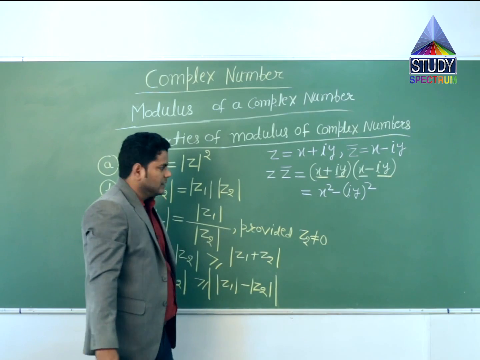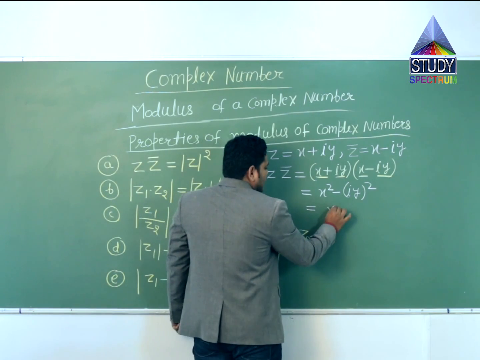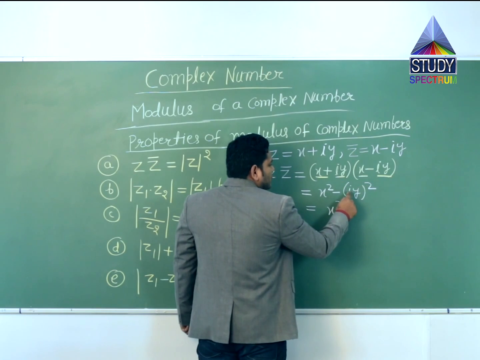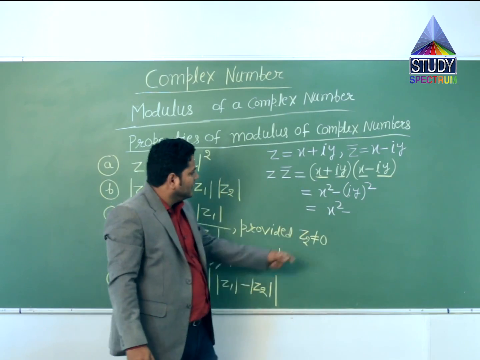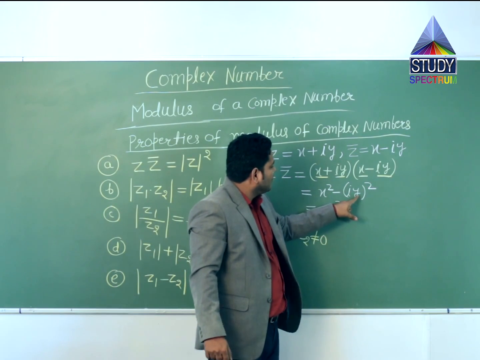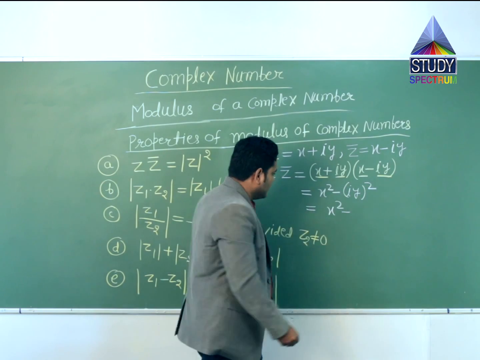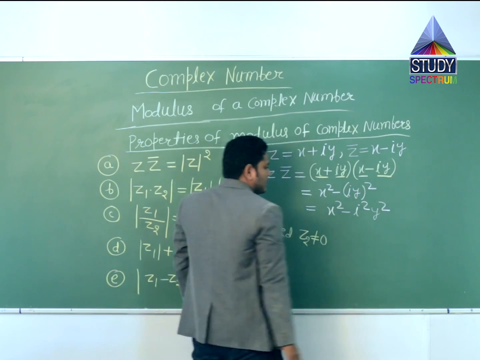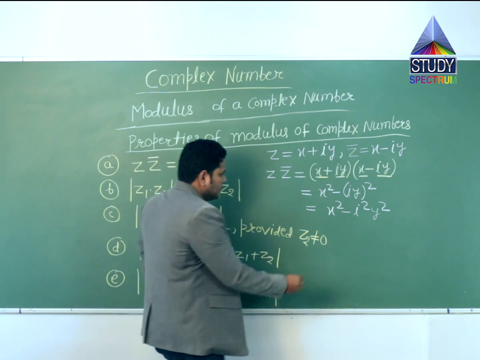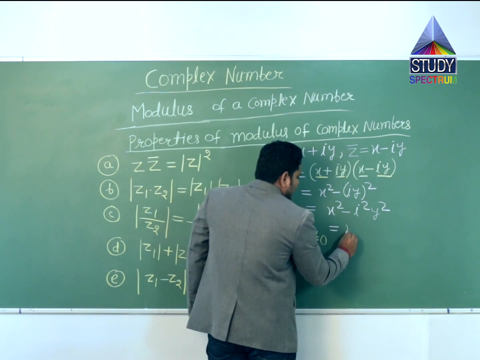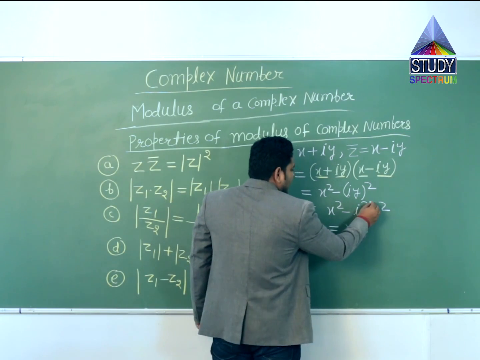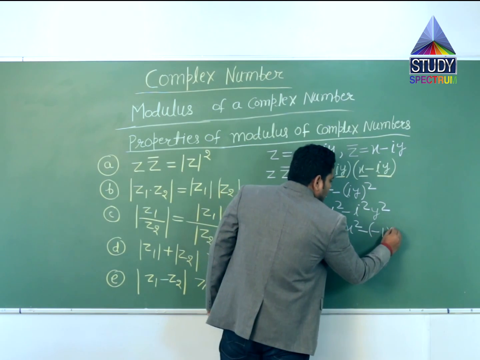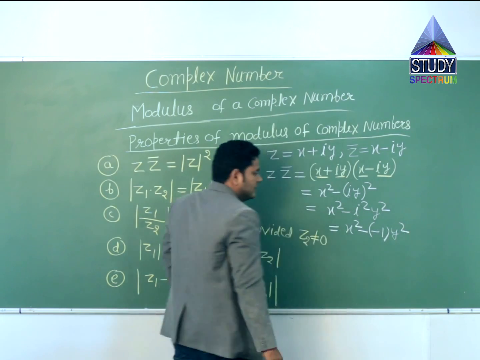Okay, so x square minus, as 2 is the power on both i and y, we'll write i square, and for y square we'll write y square. Okay, so we can write x square minus, in the place of i square we'll put minus 1, into y square.